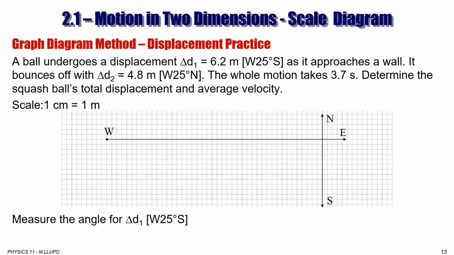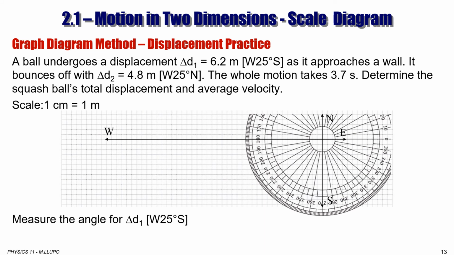After drawing the coordinate system, I need to measure the angle for vector delta D1. West 25 south. So it is going to be between west and south, somewhere here, but it has to be absolutely accurate. So that's why you use a protractor.